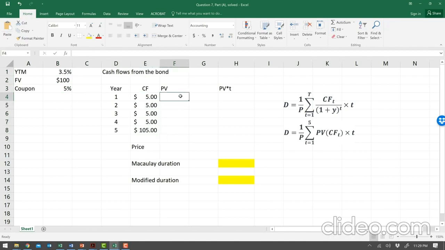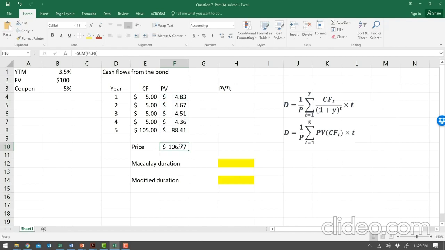And the first step, what I will do is that I need to compute its price. So I will compute the present value of these cash flows. We've already done this calculation several times. If I compute the present value for each of these 5 payments and add them up, this will be the price of the bond.